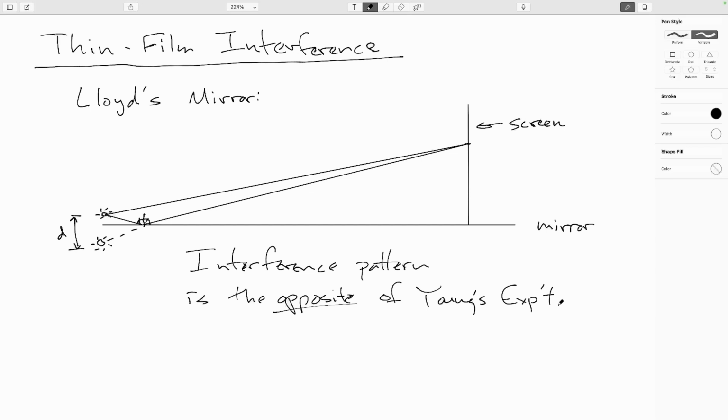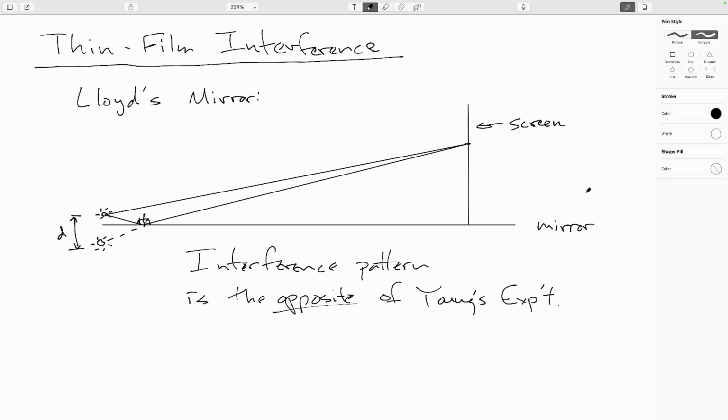By that I mean everywhere in Young's experiment you had a bright fringe, in Lloyd's mirror you have a dark fringe. And everywhere you had a dark fringe in Young's experiment, in Lloyd's mirror you have a bright fringe. So it's the exact opposite.